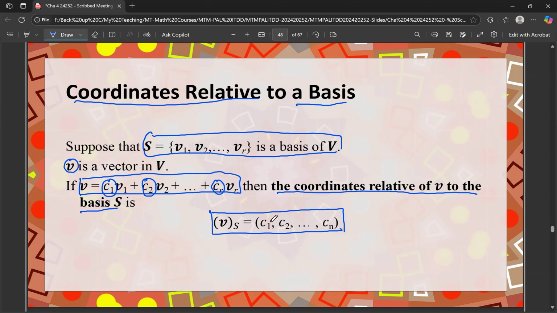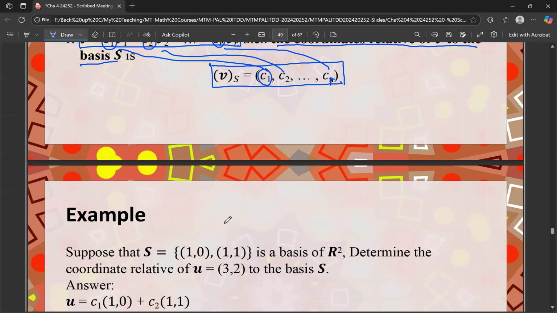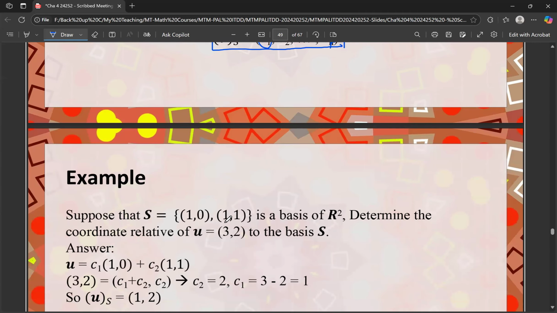The coordinate vector contains the coefficients of the linear combination: c1 from here, c2 from here, and cr from here. This is how to make the coordinates of v with respect to a basis.